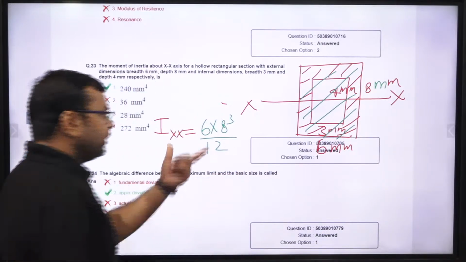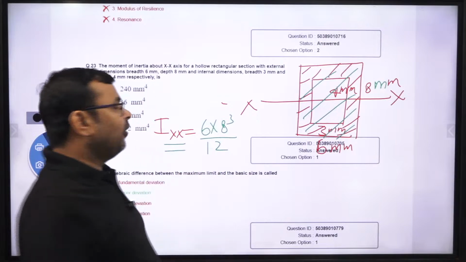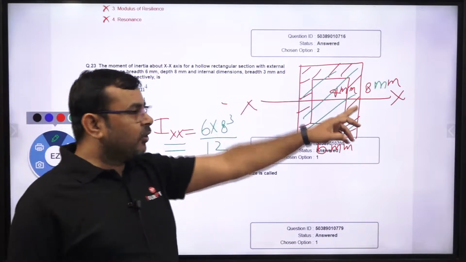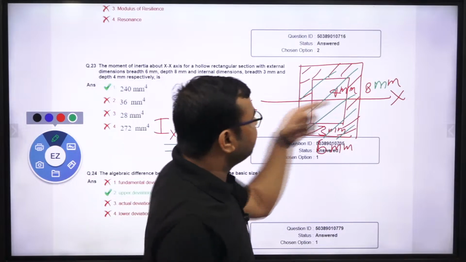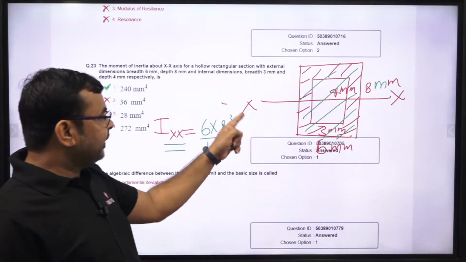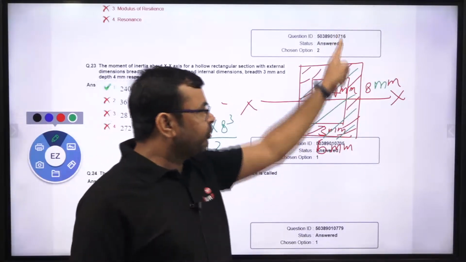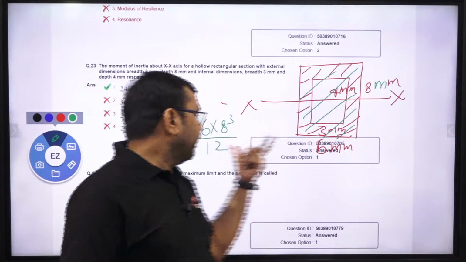And how am I writing this expression? Whenever we calculate the moment of inertia about any axis, look at which dimension that axis is cutting, and cube that dimension. Similarly, here the x axis cuts this depth only. That's why I am putting this d cube.